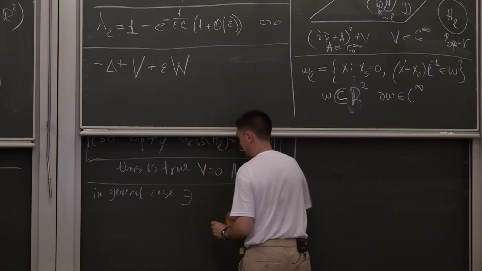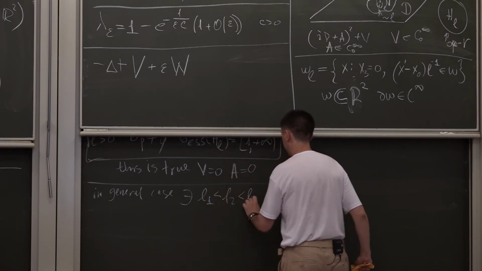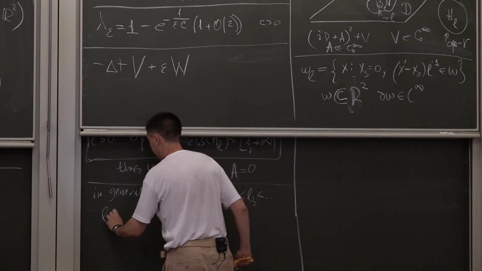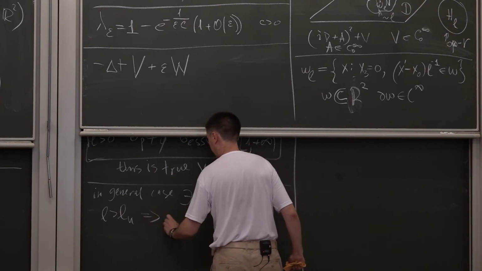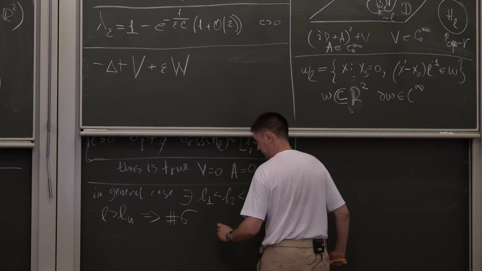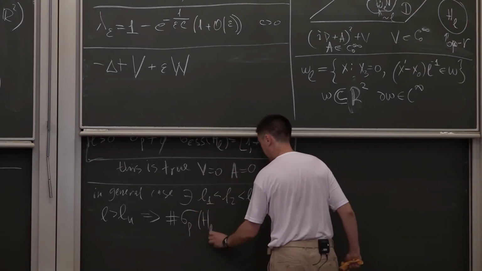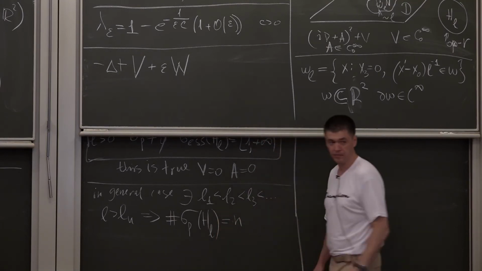there exist some numbers L1, L2, L3, etc., so that as soon as L is greater than Ln, then the number of discrete eigenvalues is exactly n.